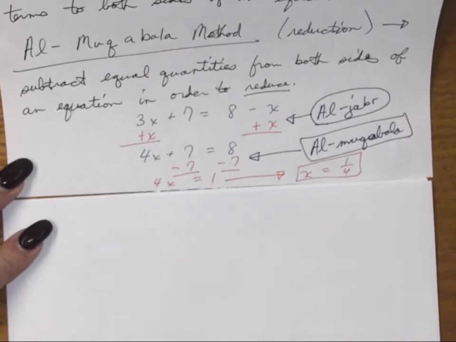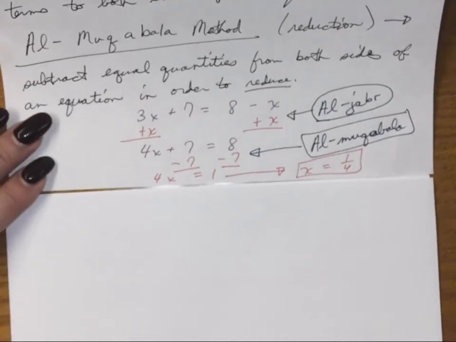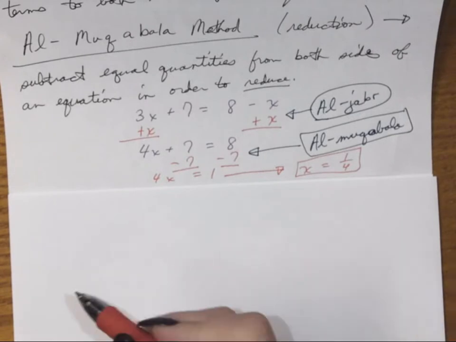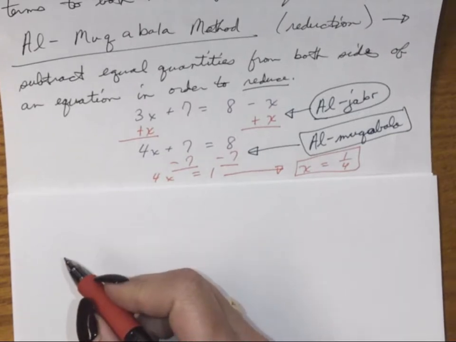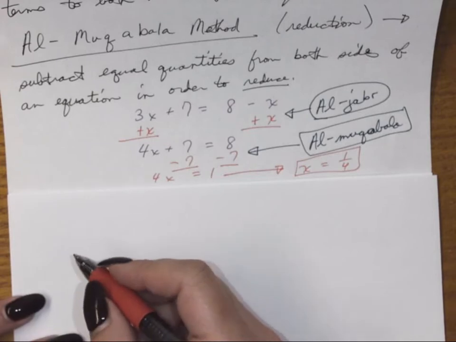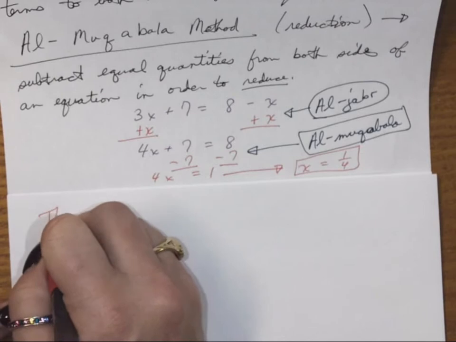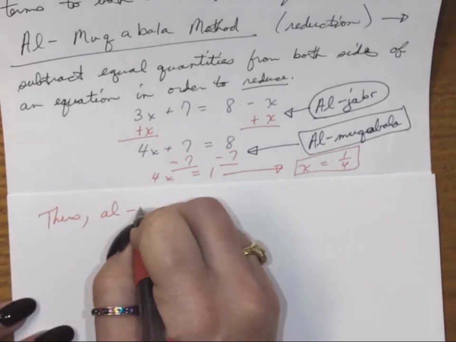So I've said multiple times now, I've said Al-Jabr. And multiple times I've said in our study of what is currently known as algebra. Al-Jabr, algebra. It is not a coincidence at all.